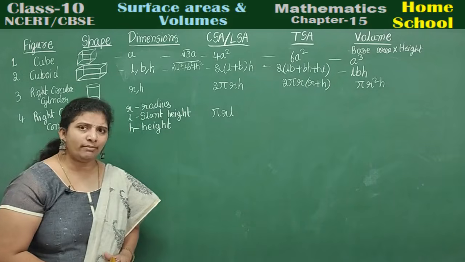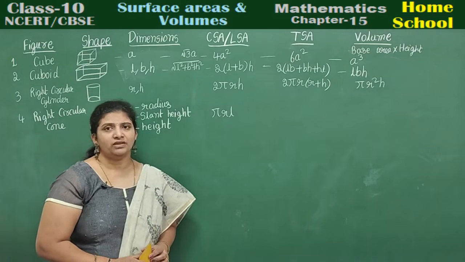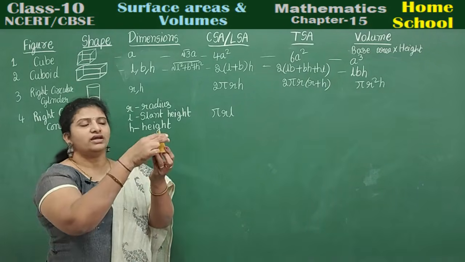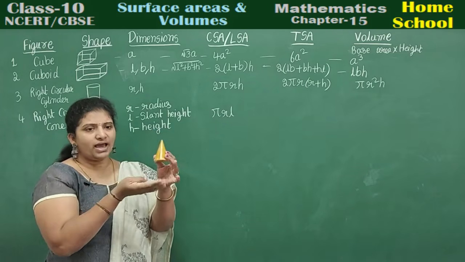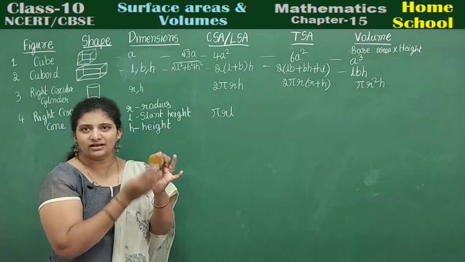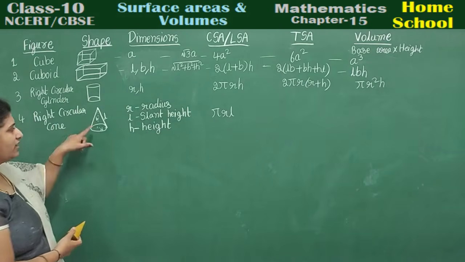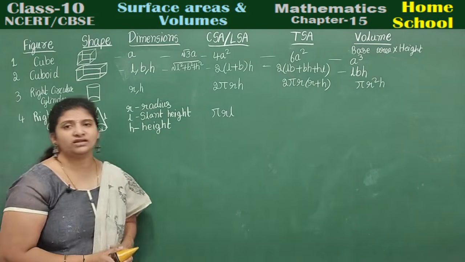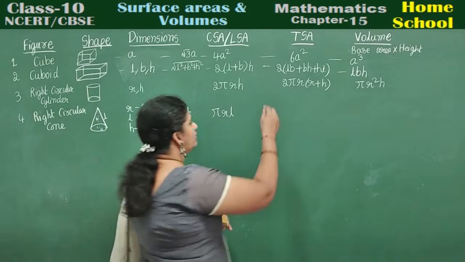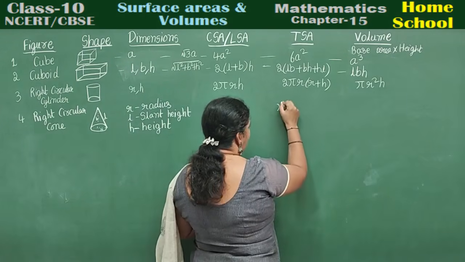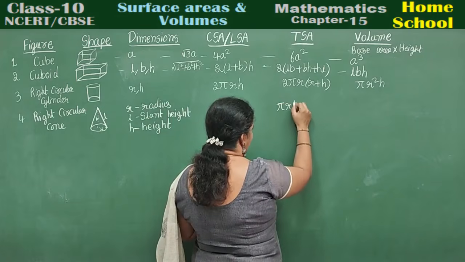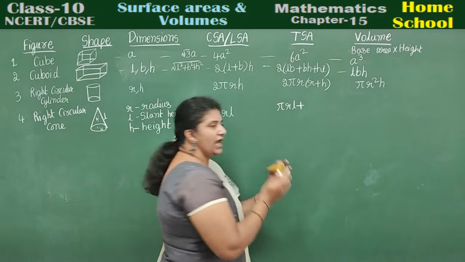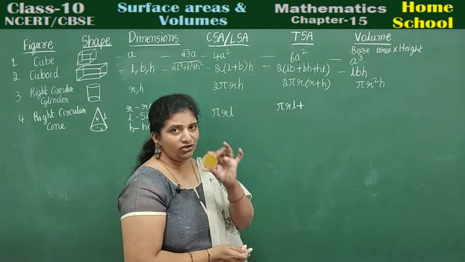When we talk about total surface area, total surface area means curved surface area plus area of the circular base. You can see here this area and the curved surface area come under total surface area. In total surface area, we write first the curved surface area plus the area of the base, that is the area of a circle.